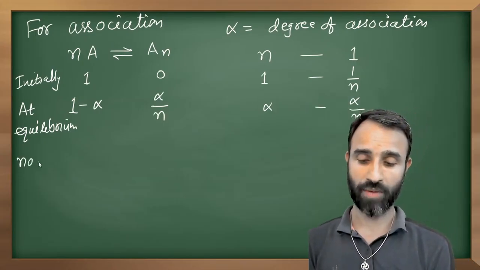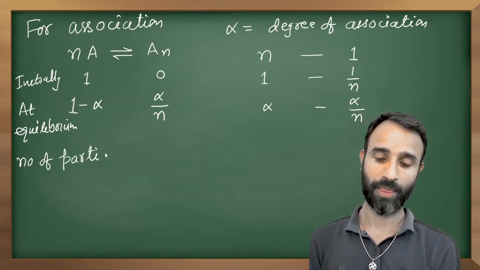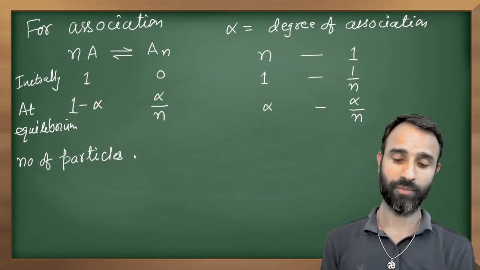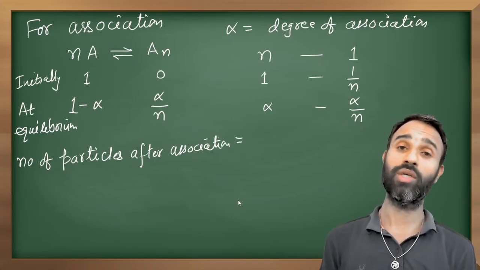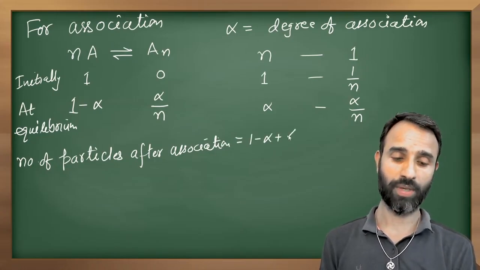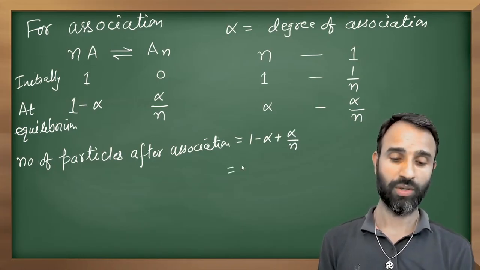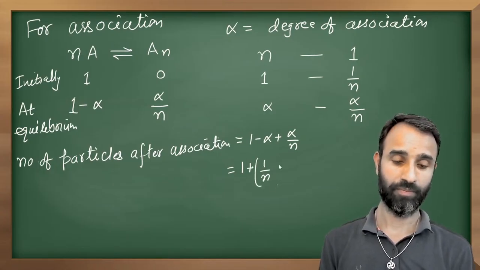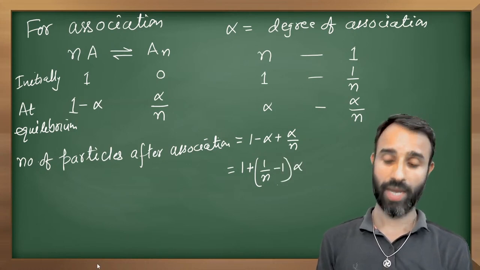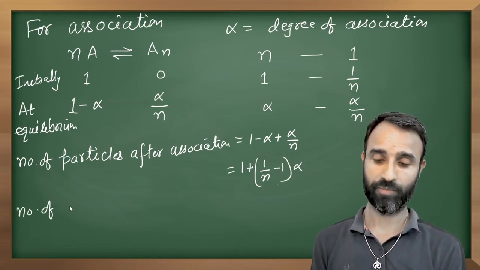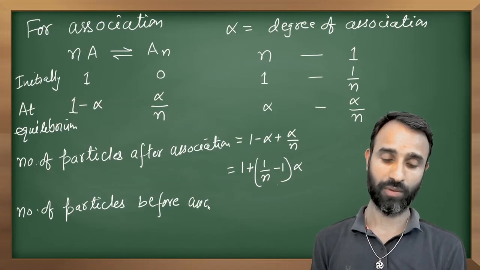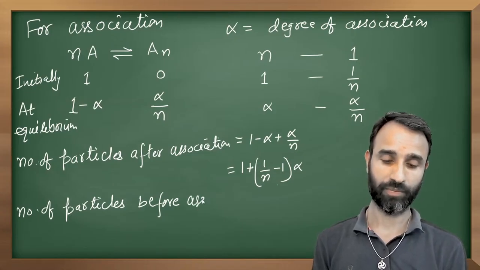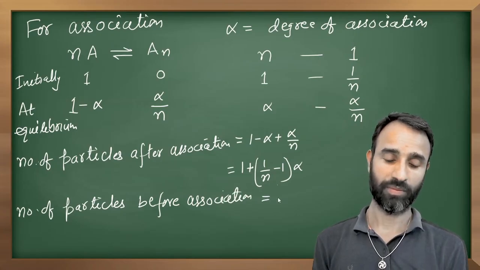So number of particles after association is equal to 1 minus alpha plus alpha by n, means 1 plus 1 by n minus 1 alpha, and number of particles before association is equal to 1.